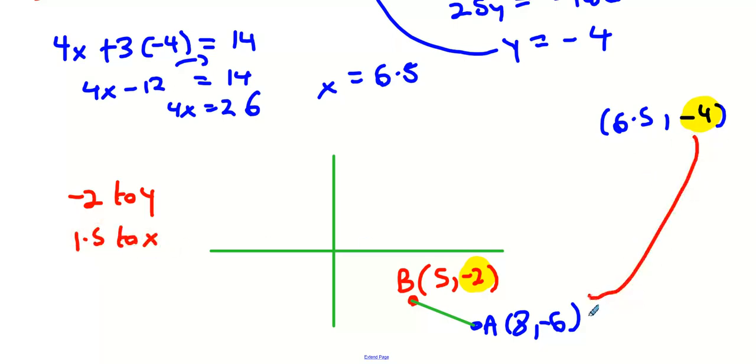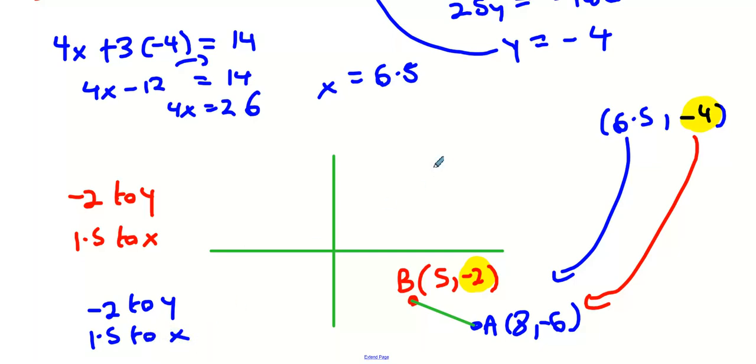How'd you go from minus 4 to minus 6? Minus 2 to Y. How'd you go from 6.5 to 8? Do you notice the ratio is the same? It's a perfect 1 to 1. It's exactly the midpoint. So that line hits it in the midpoint. So it's a 1 to 1 ratio this time.